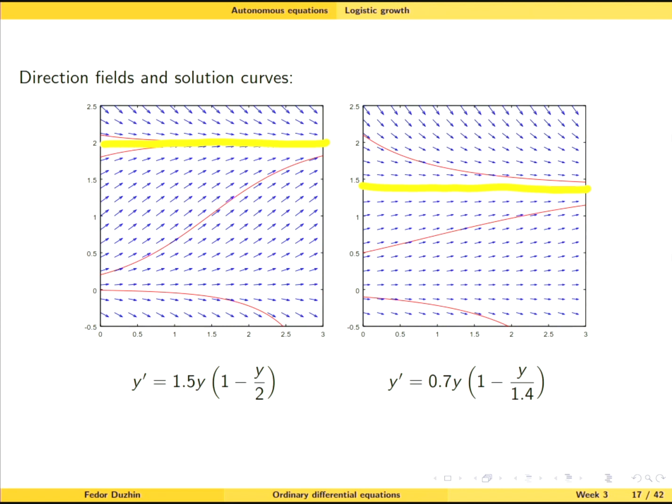Intrinsic growth rate, well, it's kind of harder to find. Roughly speaking, imagine that instead of this equation, you multiply the intrinsic growth rate by, say, 10, and took 15y times 1 minus y over 2.